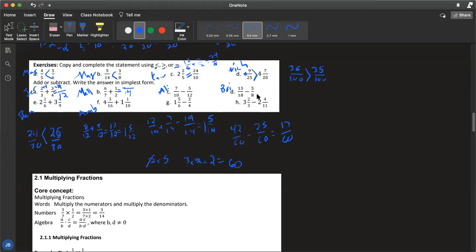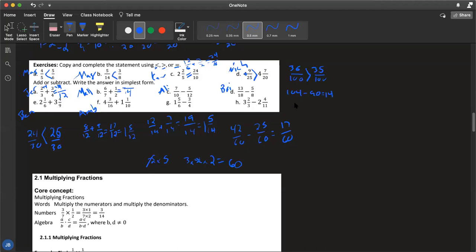All right, Brian, walk us through the next one. Okay, so what I got was, I'm pretty sure I did not use the least common multiple, but here's what I did. I did 18 times 8 equals 144, and 13 times 8 equals 104. And 18 times 5 equals 90. So 104 minus 90 equals 14.